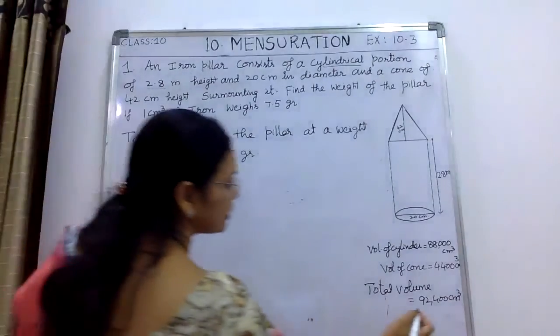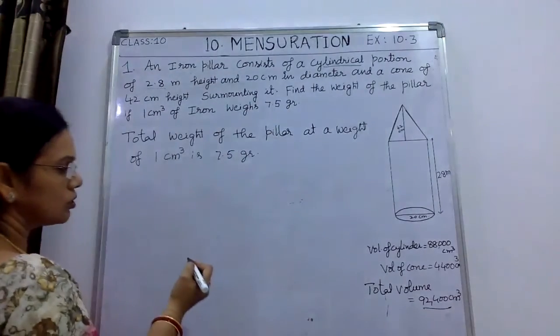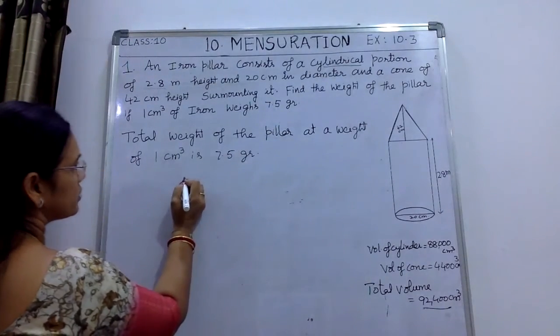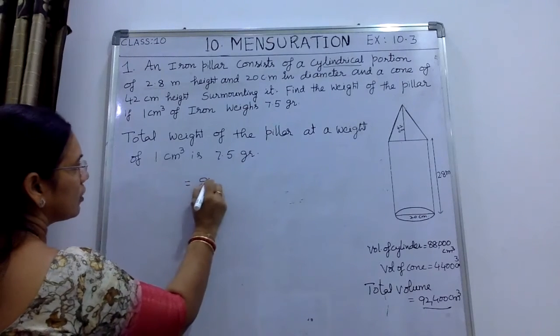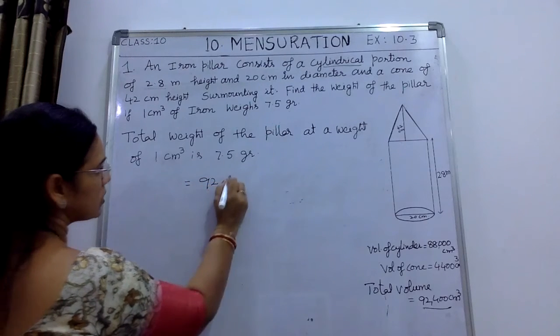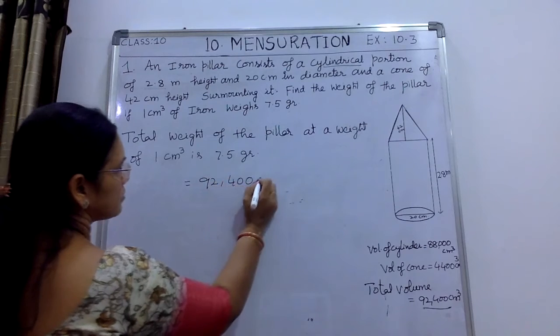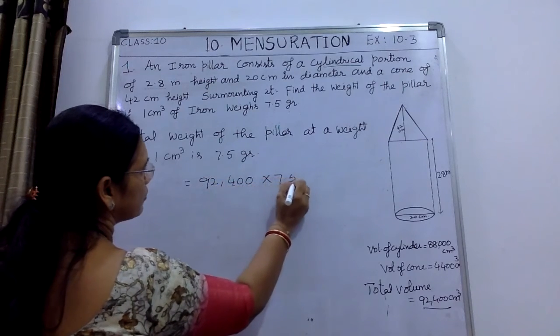So here we got the total volume as 92,400 centimeter cube, so 92,400 centimeter cube into 7.5.